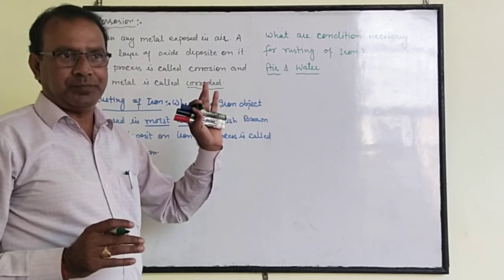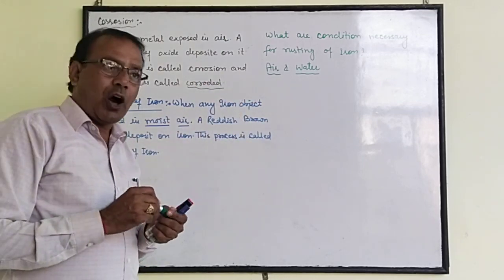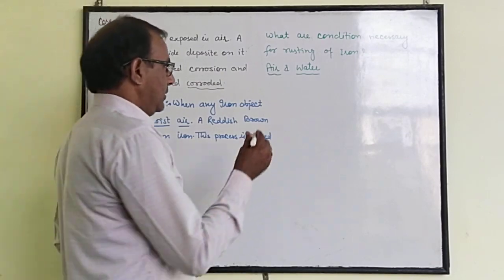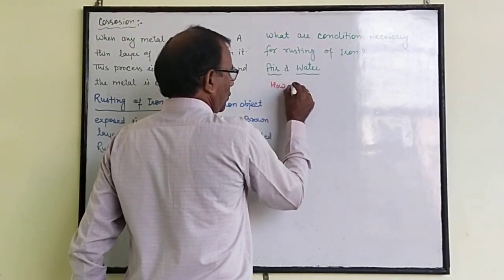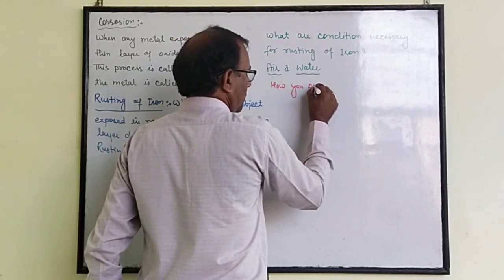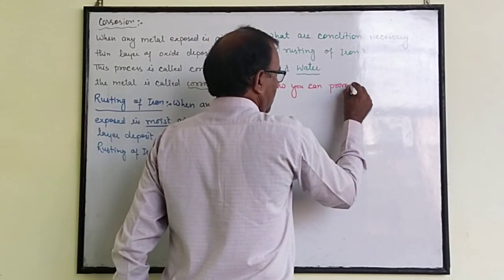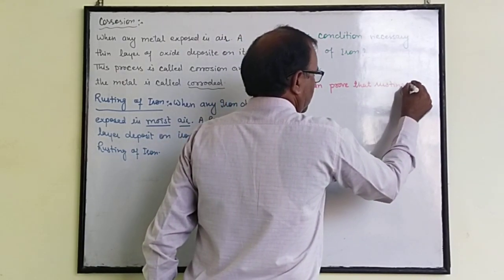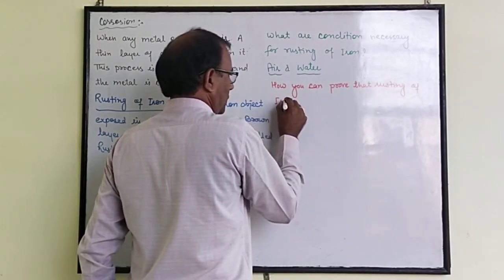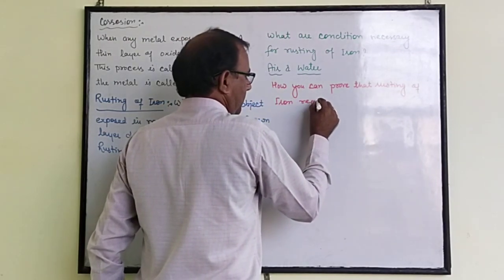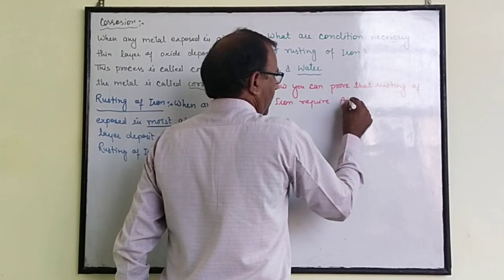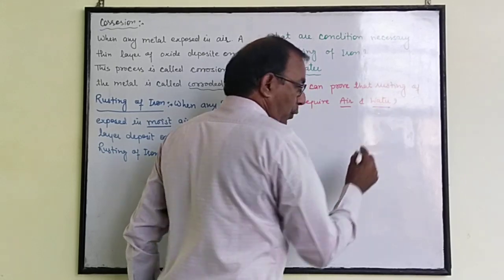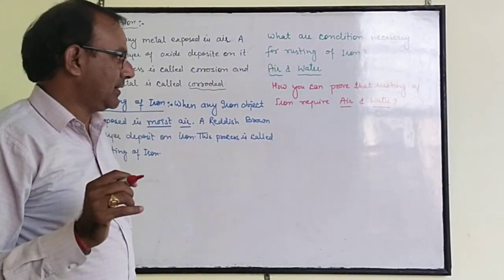How can you prove that rusting of iron requires air and water? We prove it by an activity. What is the activity?